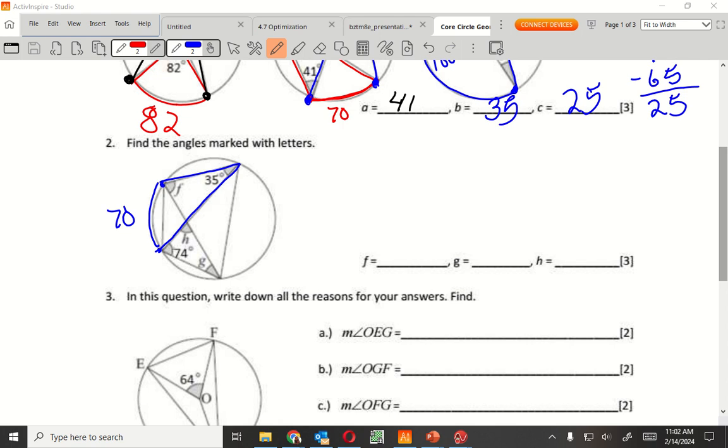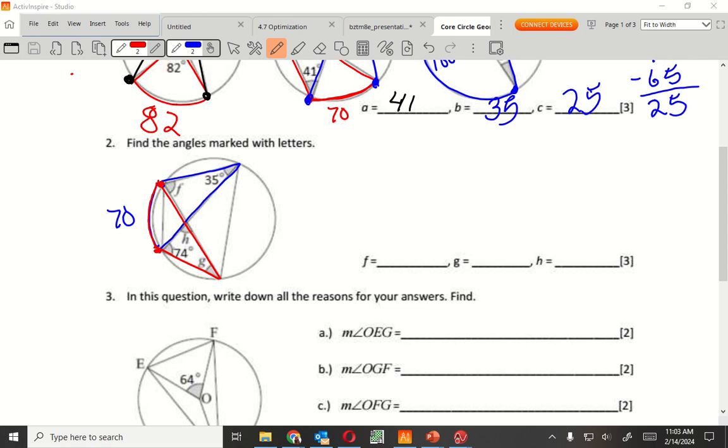So hopefully going through item by item is going to help you here. Now, let's find this one. So using those endpoints right there, now looking at that, look at the endpoints for G. So right here, this is the exterior arc.